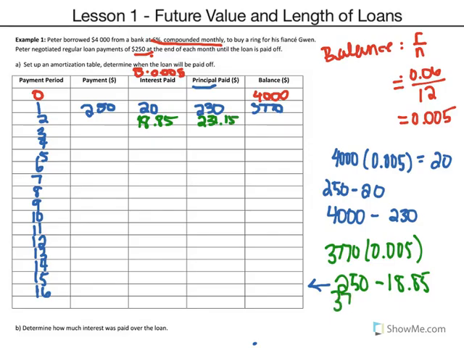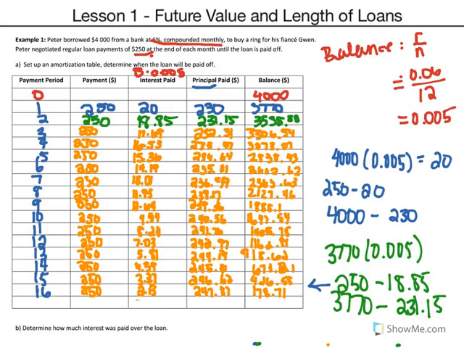Subtract: 3,770 minus 231.15, and you will get 3,538.85. So notice your interest goes down and your principal paid goes up. So pause the video, fill this out.